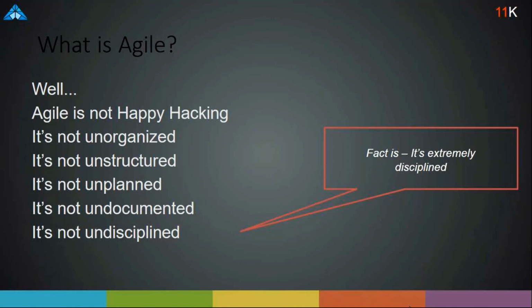There is some miscommunication, and that's the reason I have deliberately put this slide. People think that since it is welcoming change, it is not organized. No, it's not like that. In the subsequent slides, we'll see the product backlog, which keeps on refining.